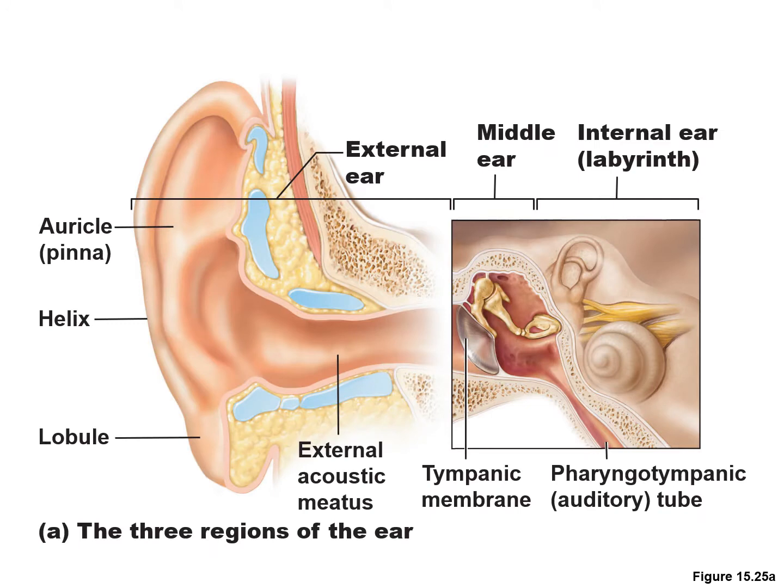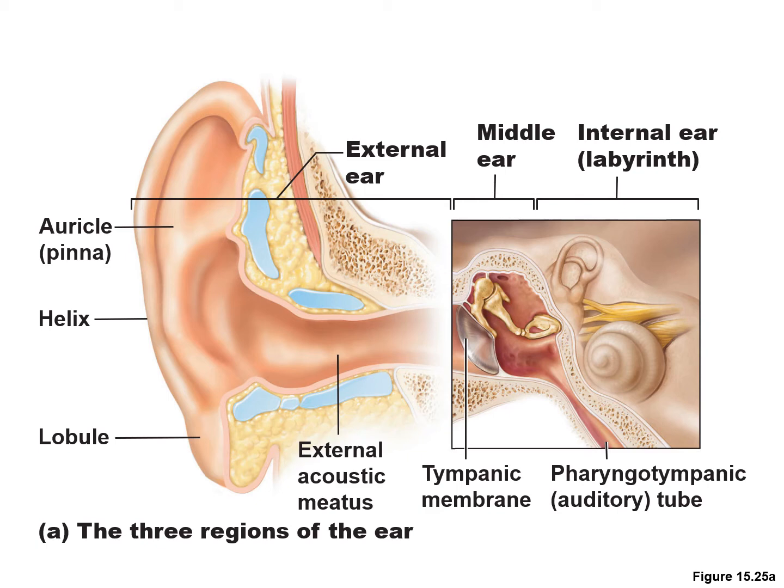Okay, so let's look at a general schematic of the ear and how it is divided according to anatomic landmarks. Essentially we have three sections of the ear. We have our external ear, which is comprised of the fleshy outer part of the ear that's known as the auricle or pinna.